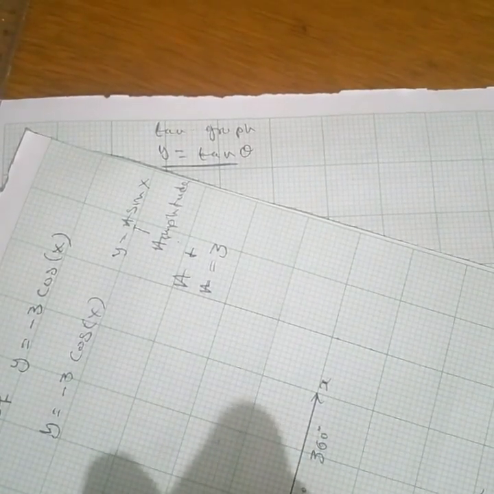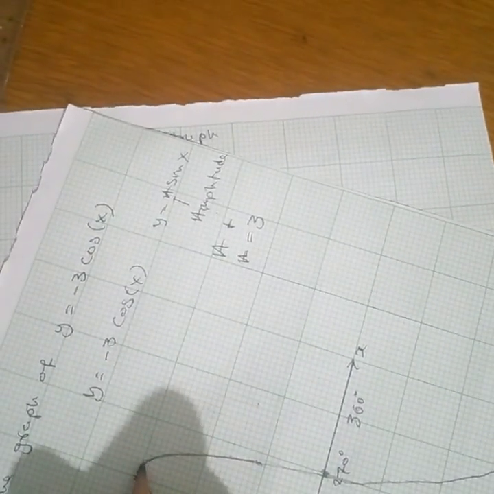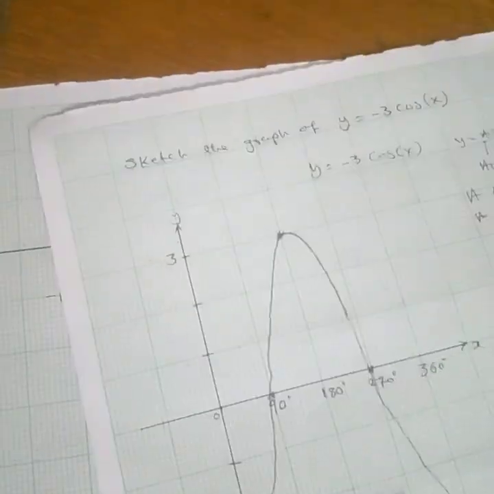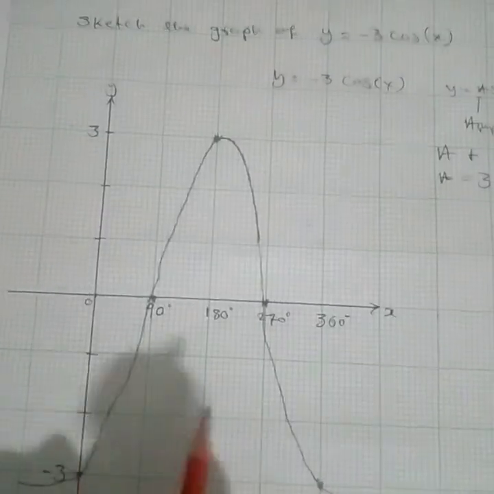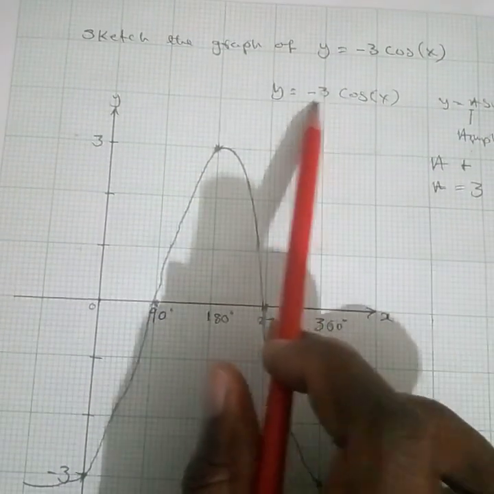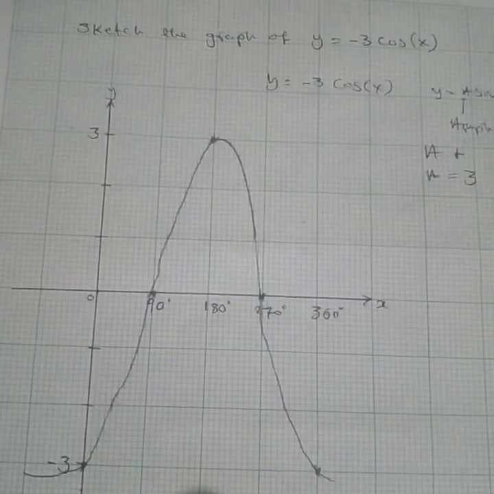So we continue. Yes, like that. You can see that this graph now has come out. This is a cosine graph. When the amplitude is negative, this is how the cosine graph will look like.